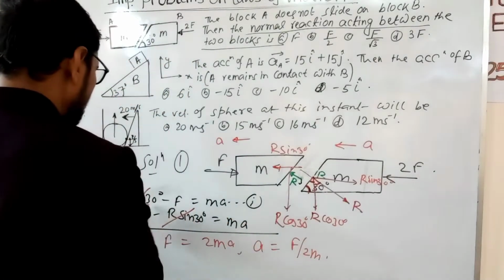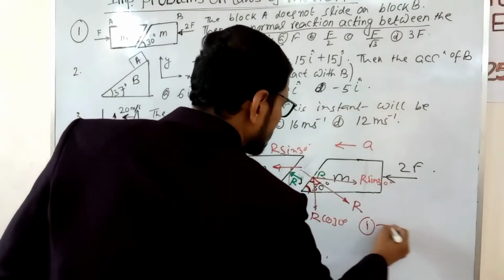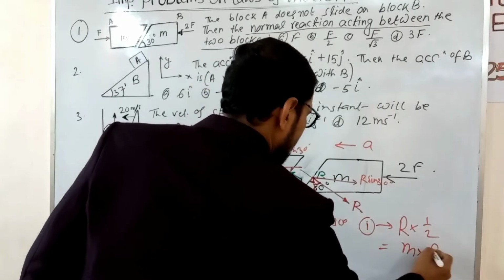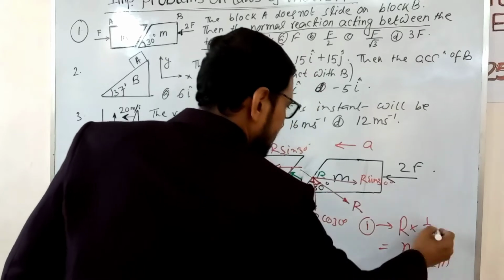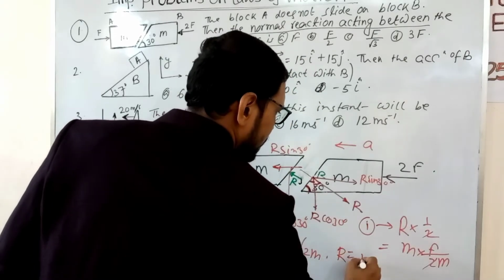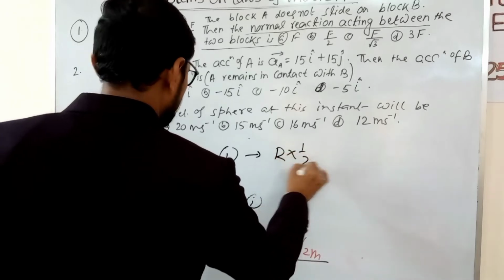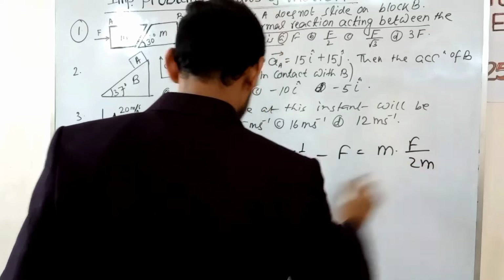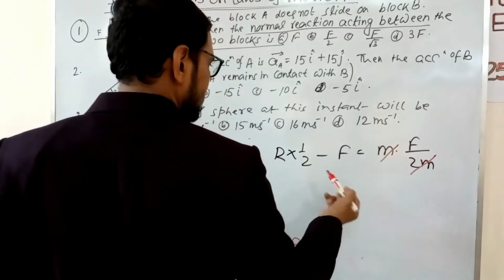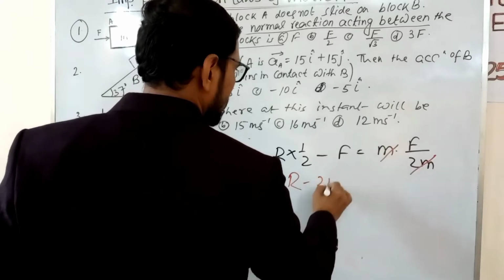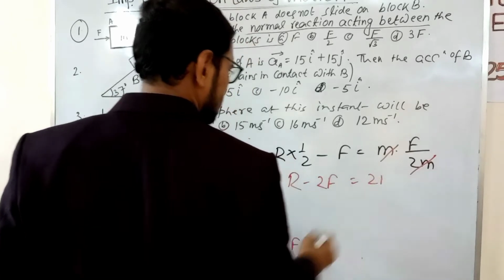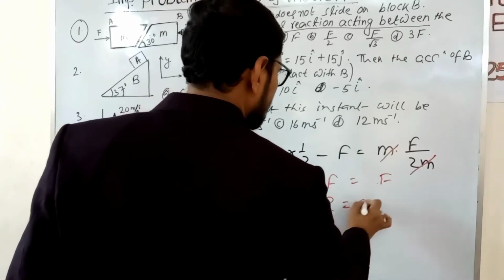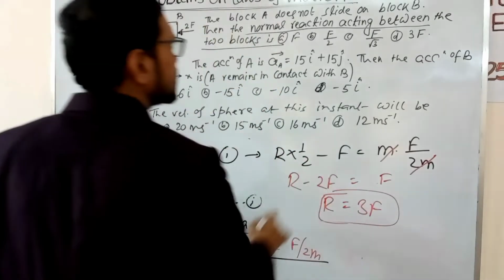The normal reaction is denoted by R. From equation 1, R sin 30, which means R by half, equals M into A, that is F by 2M, so R equals F. Considering the equations, R minus 2F equals F, so R equals 3F. This is the answer, R equals 3F.